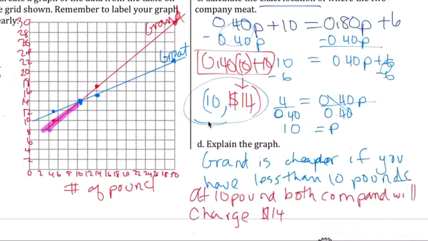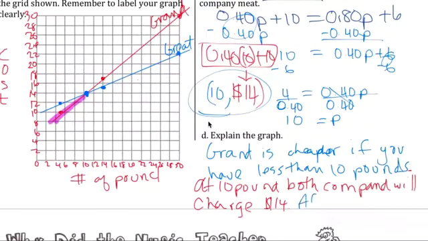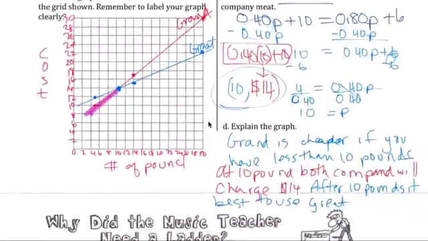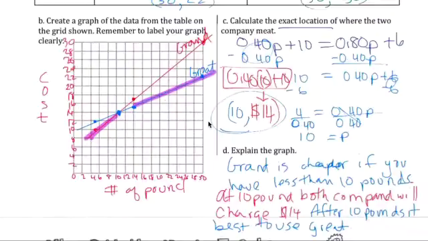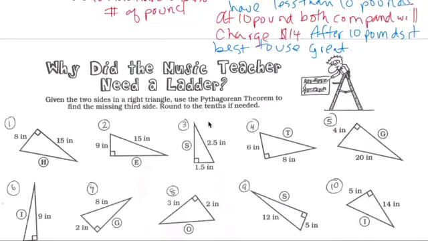After 10 pounds, it's cheaper to use Great. It's cheaper because you notice the graph is lower. Lower means cheaper, okay? And then this page, I'll do numbers 1 through 5.